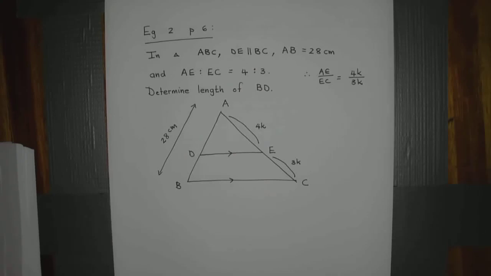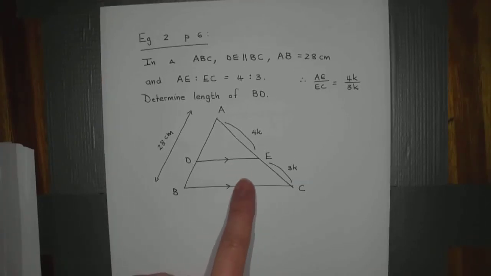Right. Now the question is, determine the length of BD. Determine the length of BD. So if I just immediately jump in with this proportional division theorem that I learned, we're going to start by saying that line is parallel to that line. So it divides the triangle, the two other sides, into proportion. Now I'm ideally going to go with something that helps me.